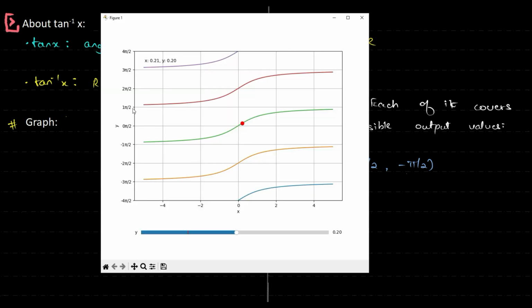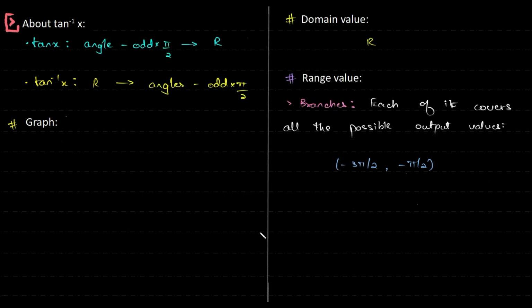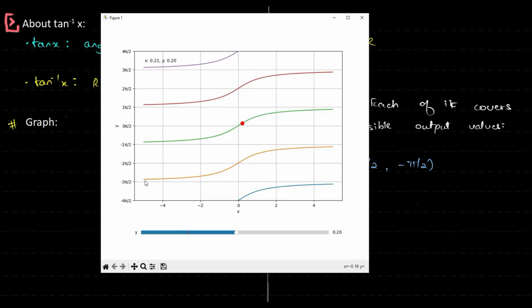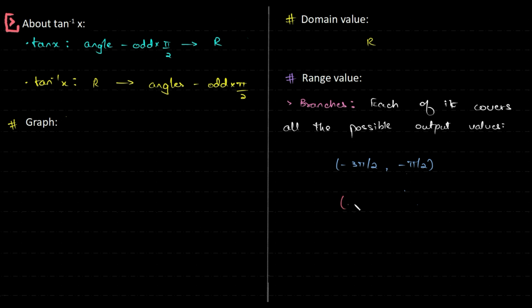We have pi by 2 to 3 pi by 2. Let me go systematically: minus pi by 2 to pi by 2. If I keep going, I'll get pi by 2 to 3 pi by 2, and so on and so forth.